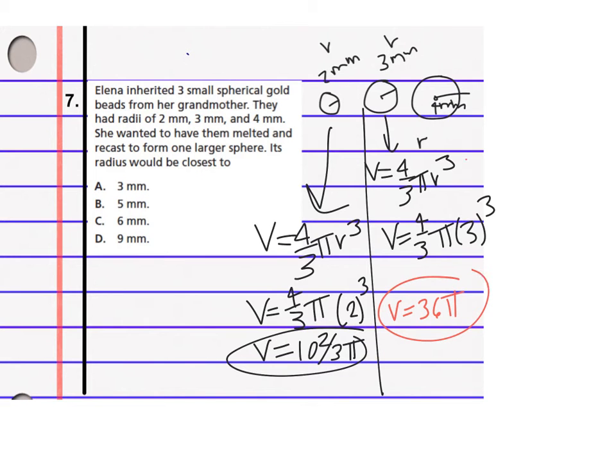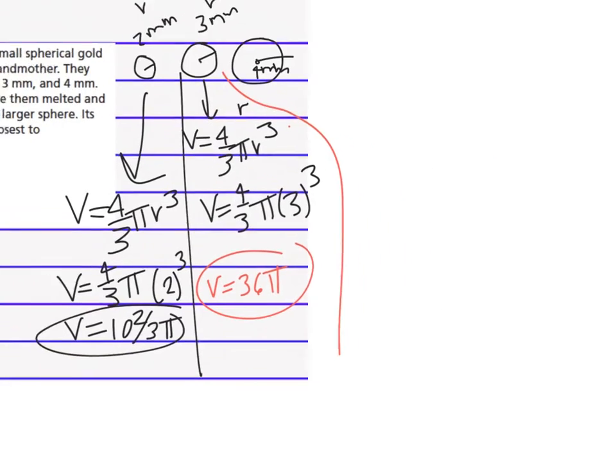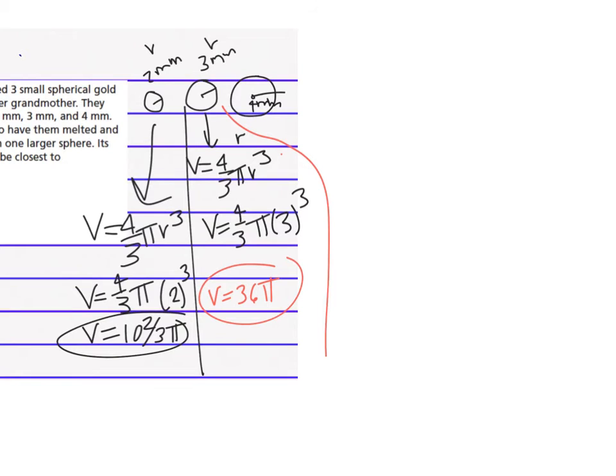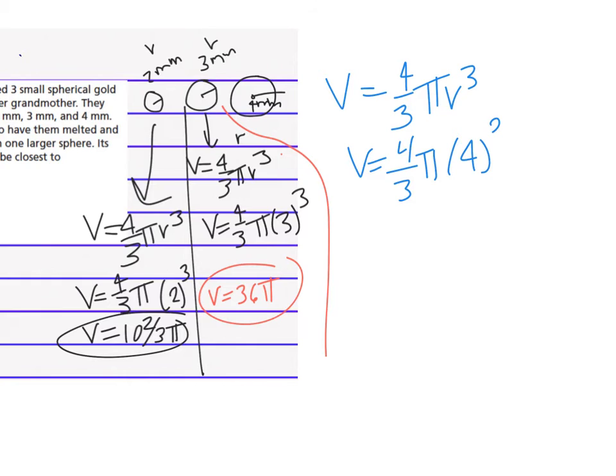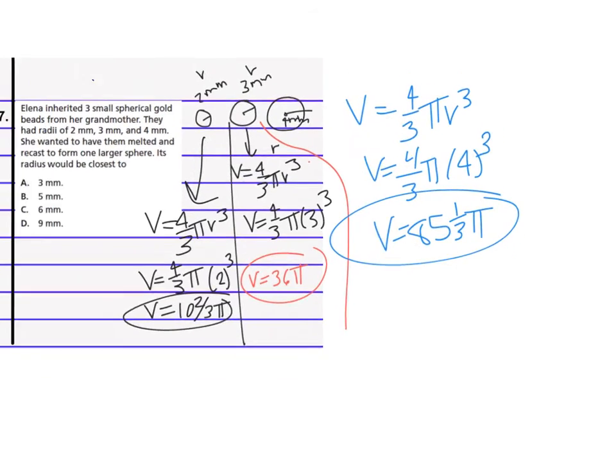All right, and then lastly for the large, the 4 millimeter one, we have 4/3 pi r cubed. We're using 4 as our radius. And I am getting for that 85 and 1/3 pi. I knew it got cut off a little bit there.